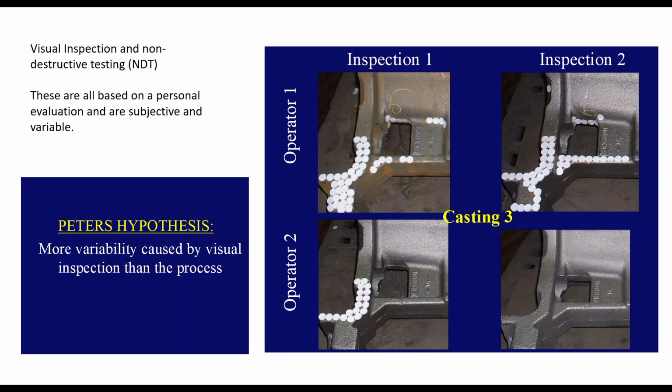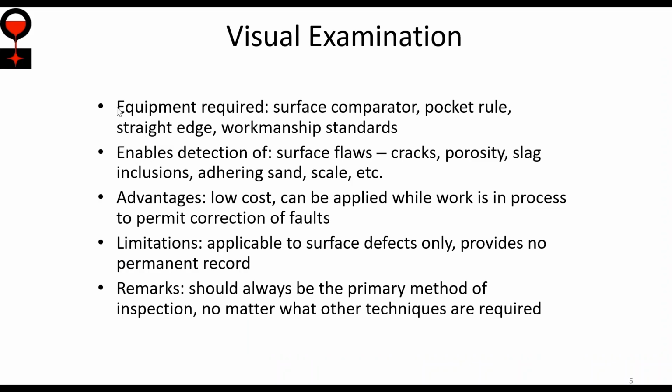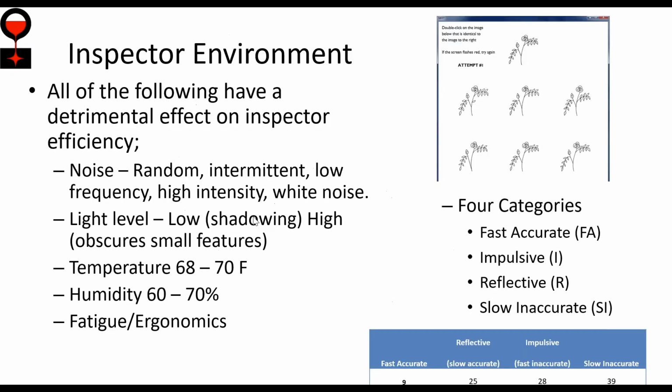So while our specifications work or seem to work in terms of managing the quality aspect, they're really not directly related to performance. The advantage of visual inspection is it's relatively fast and low in cost, but it really doesn't give me any permanent record and doesn't really allow you to get very good reproducibility.